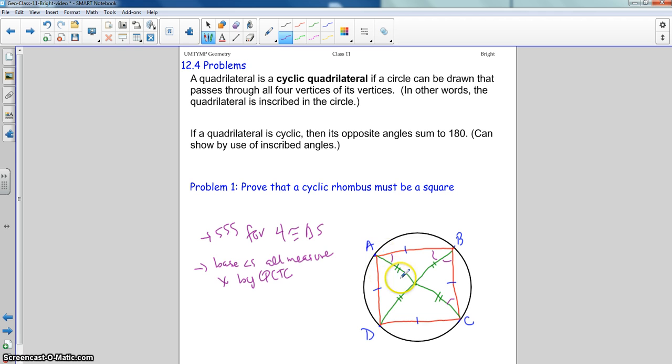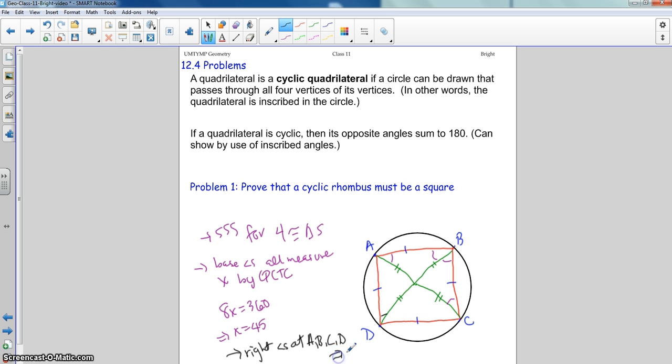If I add up all those base angles, I'll have 8x is equal to 360, and therefore x is equal to 45. So what that really gives me is that I get right angles at each of these points, at A, B, C, and D. And this is the last condition that I need.